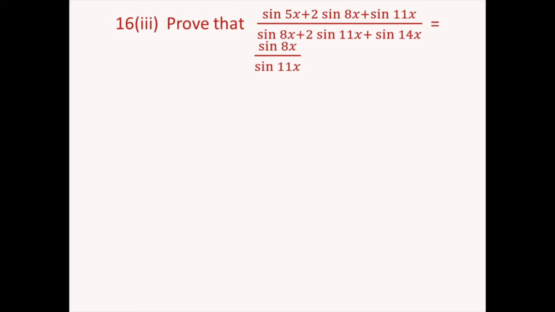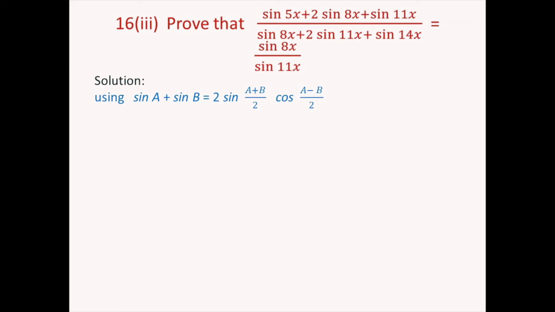The next question which I am picking up is 16th question, third part, which says (sine of 5x plus 2 sine 8x plus sine 11x) whole upon (sine 8x plus 2 sine 11x plus sine 14x), giving me sine of 8x upon sine of 11x.